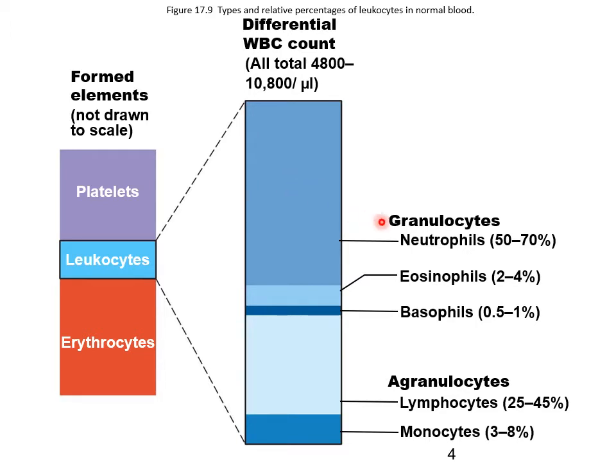Your neutrophils make up around 50 to 70% of all of your white blood cells. Eosinophils make up about 2 to 4%. Basophils, sometimes you don't see any in a smear, but 0.5 to 1%. And your agranulocytes, lymphocytes, 25 to 45%, and monocytes, 3 to 8%.